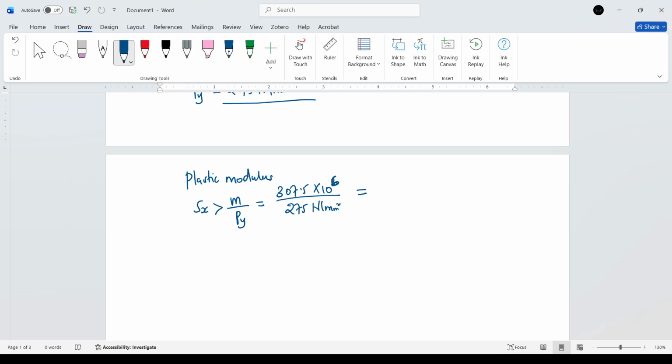Have you got that, or do you want to ask me a question? 307.5 times 10 raised to 6, divided by 275. I have 11.8181 millimeters cubed.